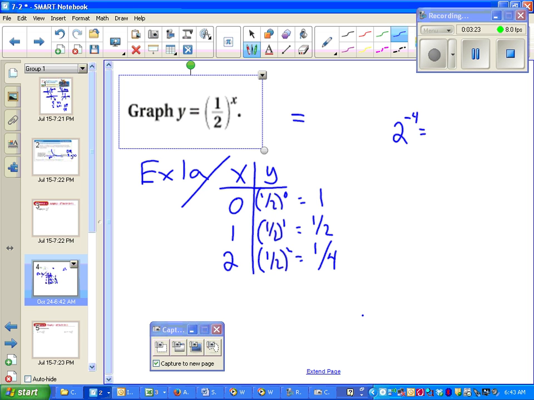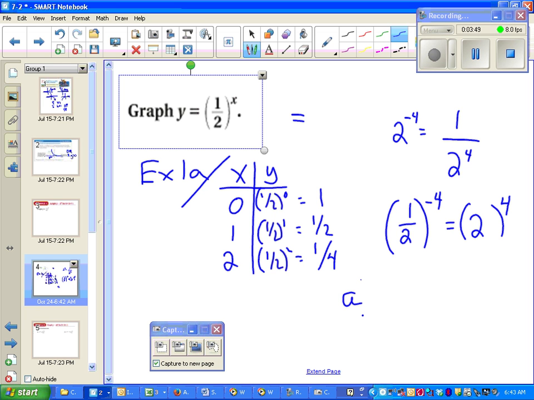Alternatively, if we saw something like 1/2 to the negative 4th, we could rewrite that as flipping the fraction, 2 to the positive 4. This is a useful idea. Moral of the story, if we see a to the x, we can rewrite it as 1 over a to the negative x.